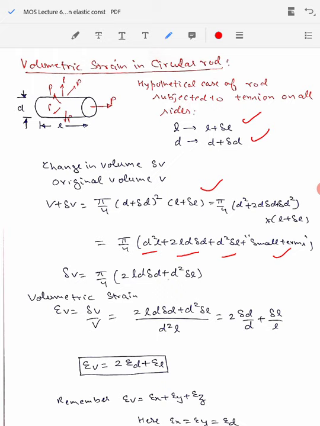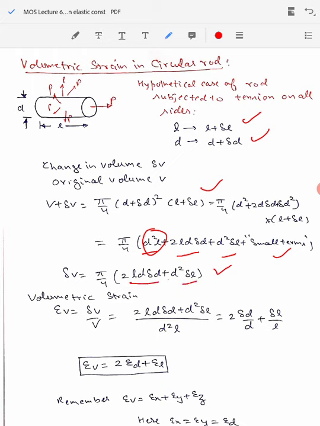So we are going to ignore these terms, and we are left with the first three terms. In order to calculate the change in volume, we subtract the original volume from the final volume, so the first term gets cancelled out, and we are left with these two terms in the expression.